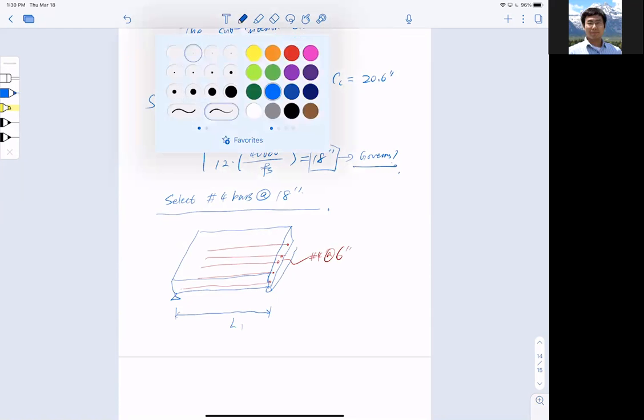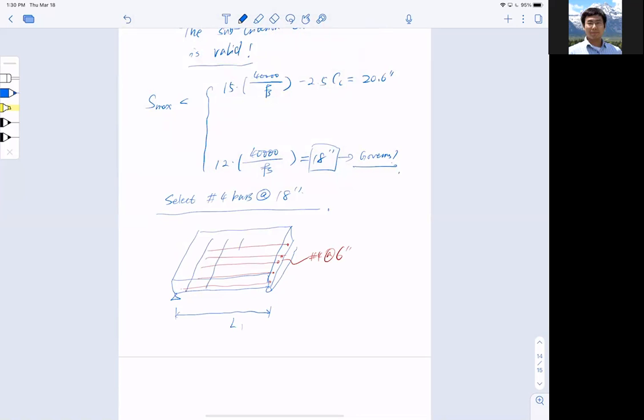For shrinkage and temperature, they are in the L2 direction, with number 4 bars at 18-inch spacing, quite a large distance. So now this is our design: number 4 bars at 6-inch in the L1 direction, and number 4 bars at 18-inch in the L2 direction. And that is my design for the one-way slab.